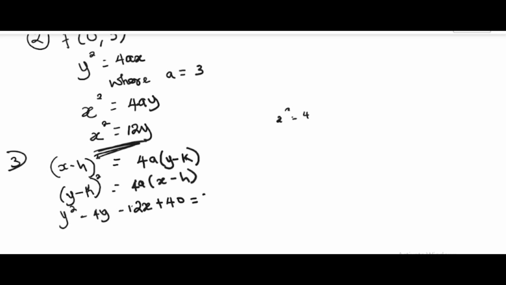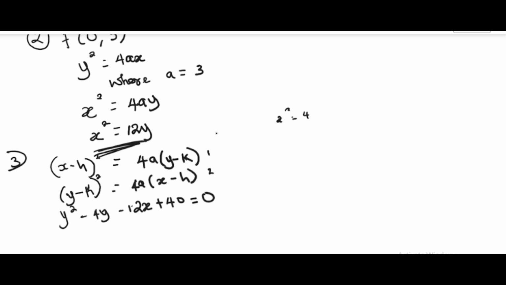Now, looking at this question, which of these two equations do you think we should be using? The equation that should suit this is the second equation. So the idea is, since we are to find the vertex, if we can find what our h and k are, we are good to go.